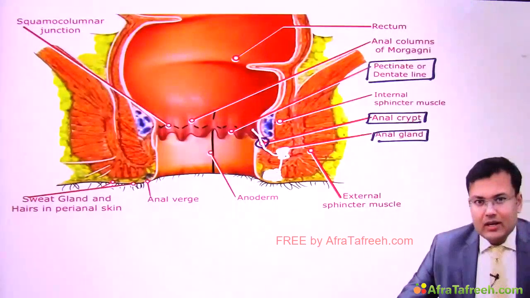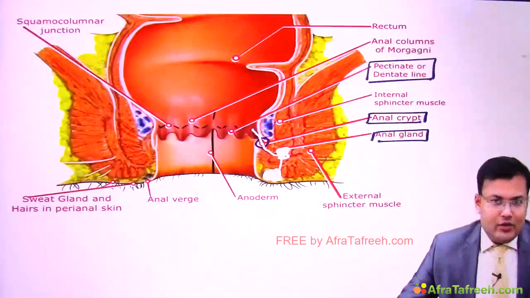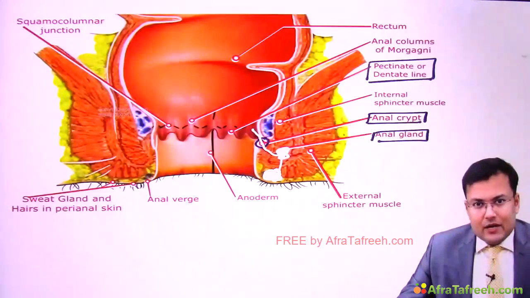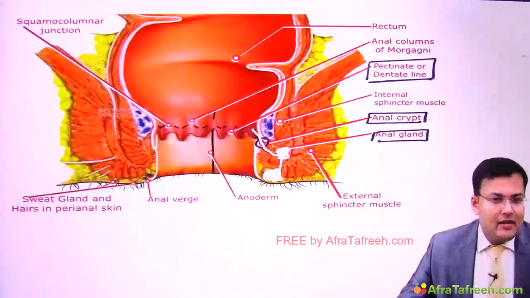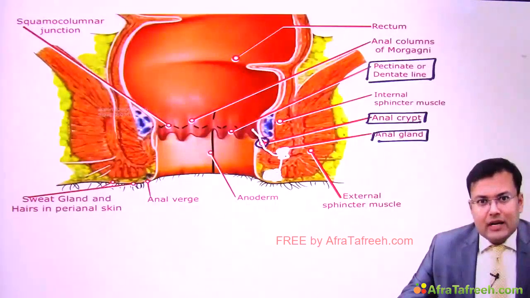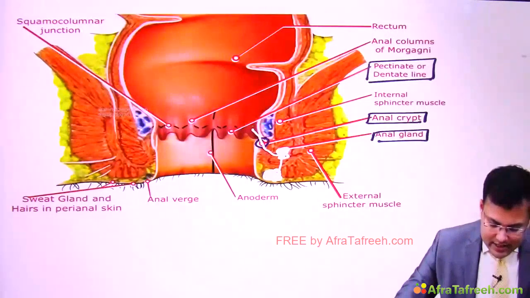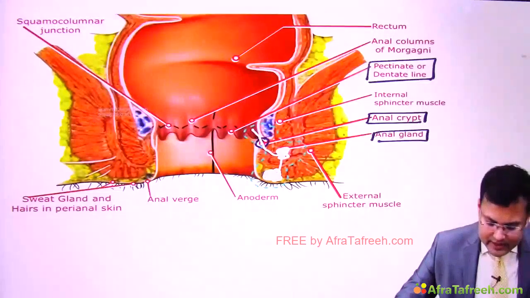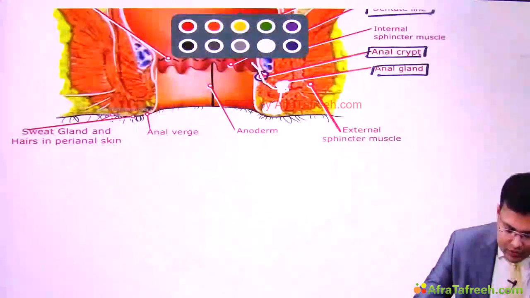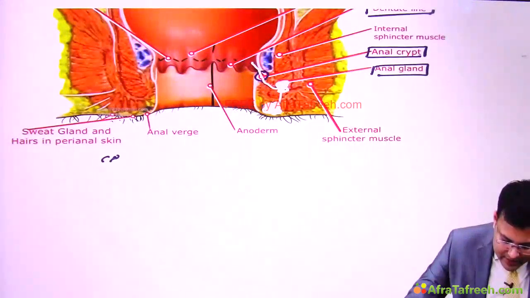So this is the pathophysiology of anorectal abscess. Infection enters from the crypt and goes to the gland. So what is the name of this theory? The name of this theory is cryptoglandular theory. Clear?